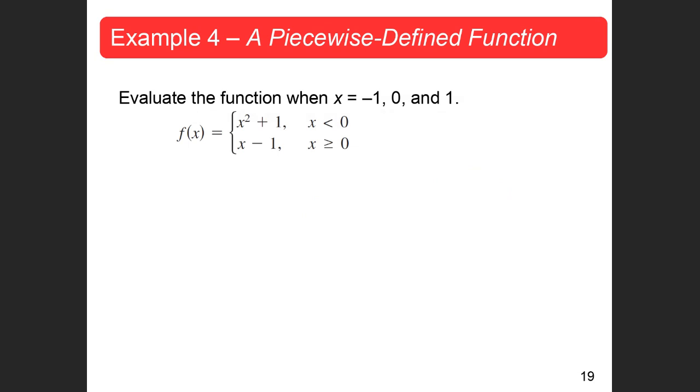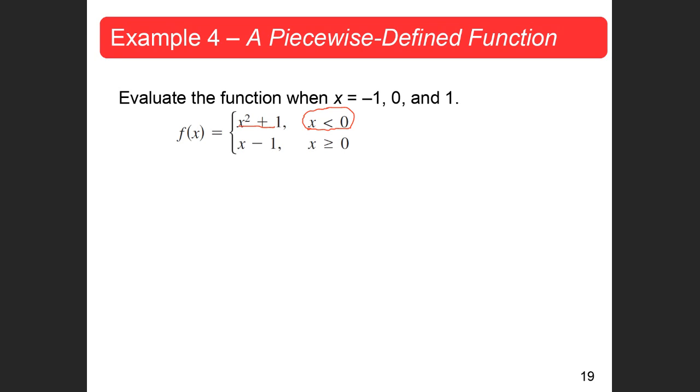Evaluate the function when x equals negative 1, 0, or 1. Now, this is a piecewise function. The first thing you have to do is figure out which function you are going to plug it into, and this tells you what your domain is. Any x value less than 0, so negative 1, negative 2, negative 3, you use this function.